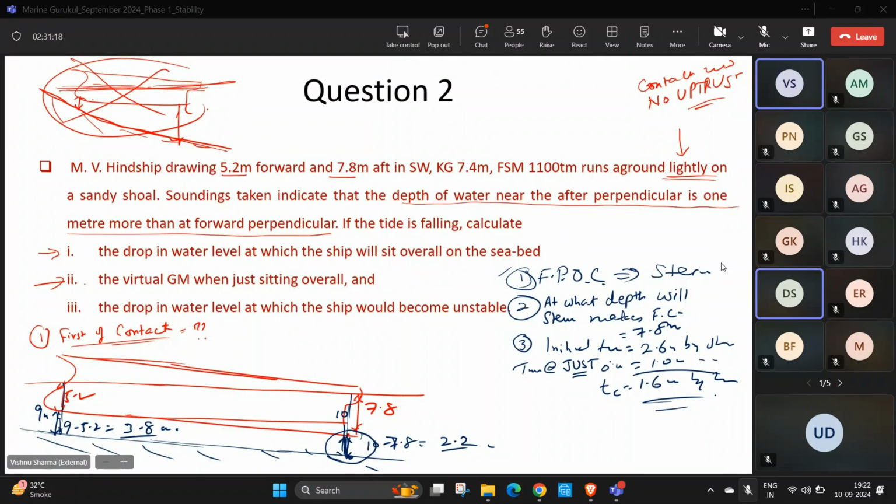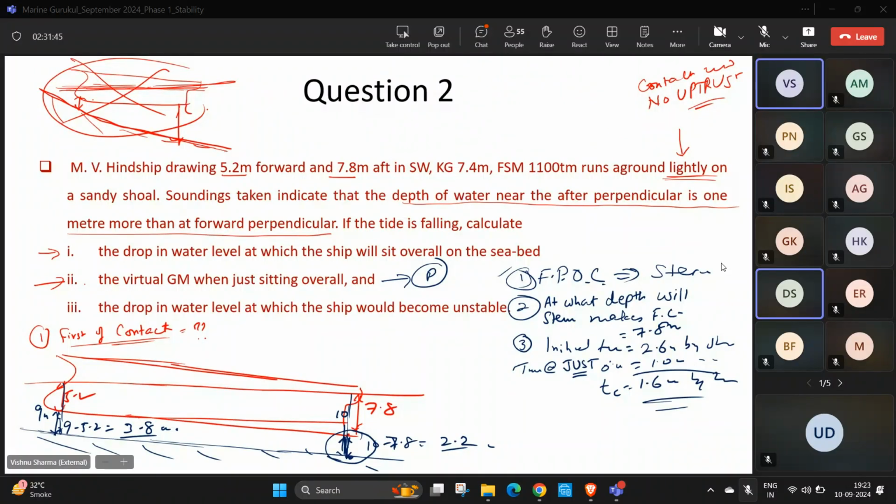And if I know the trim change, I can calculate P. I can get the P for this particular occurrence. Yes or no? Am I right? Yes, sir. Correct, beta? When she just sits overall, that is similar to the critical instant in dry docking.